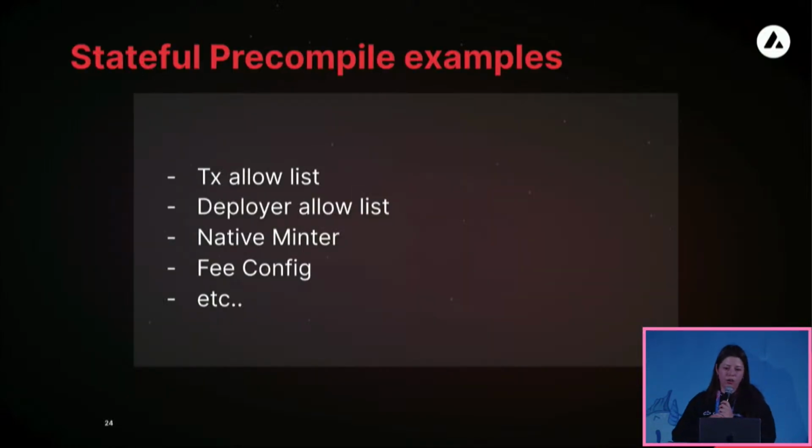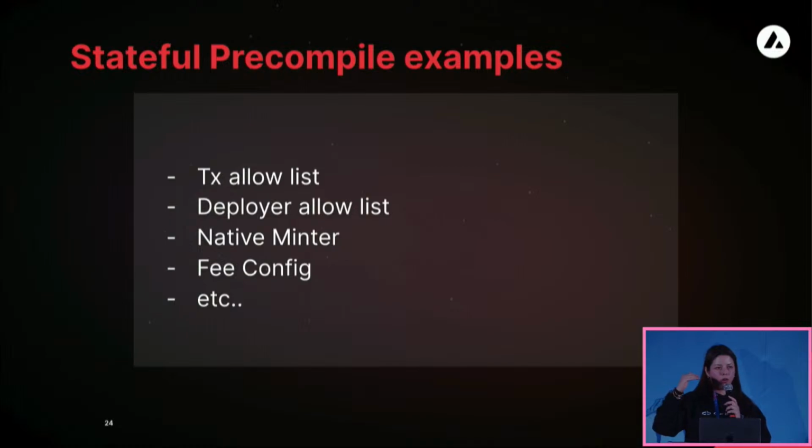So what kind of different precompiles can we see that make sense, stateful precompiles? Because now it is not only computation, but you can also start writing into state. You can say, for instance, I want an allow list for who can transact in my network, making the chain suitable for permissioned use cases or more private use cases.